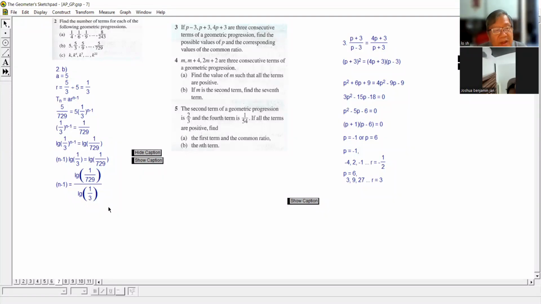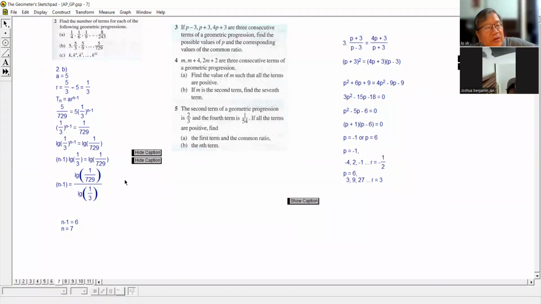This line here means divide, so you press the divide button, then you type log, then 1, ABC, 3. Must put bracket. Tell me what is the answer? 6. Correct. So this n minus 1 is 6, so n is 7.